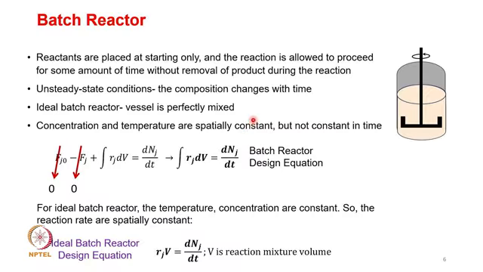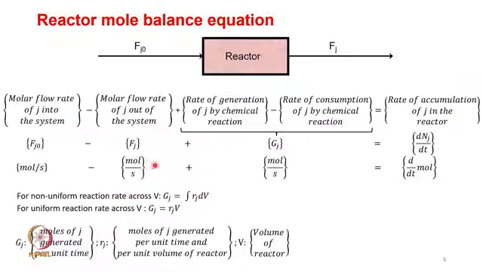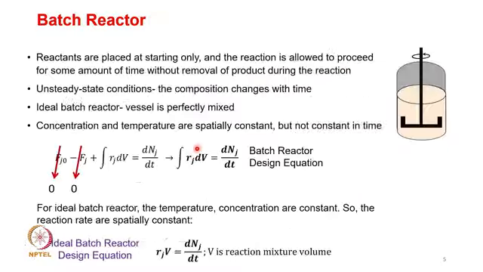So what would happen is you have charged the reactor, so there is nothing like Fj0 and Fj, since you have already charged it. The remaining term in your reactor equation would be the integral of Rj dV, which corresponds to this particular term, and which is equal to dnj by dt.